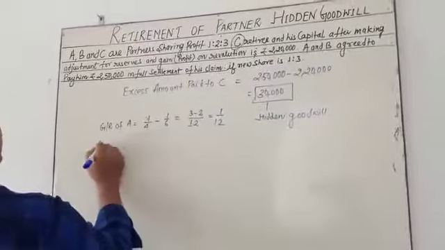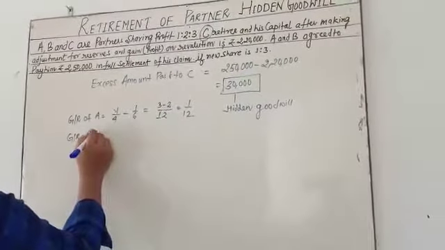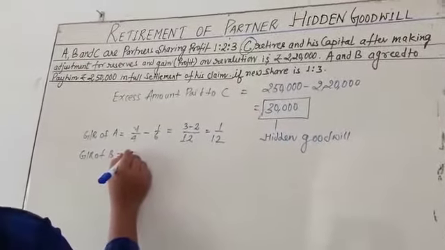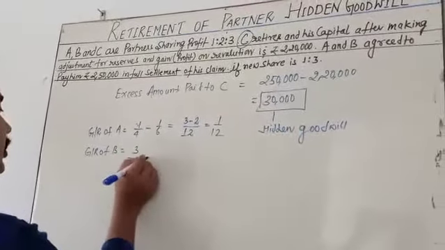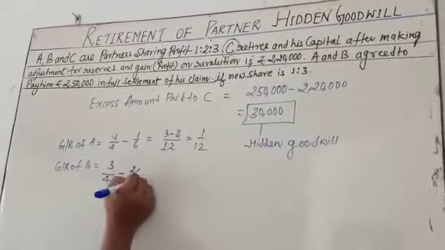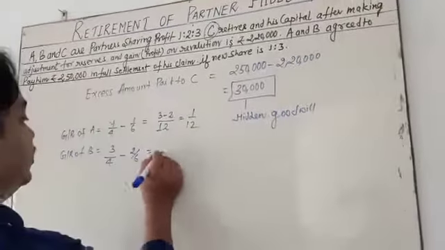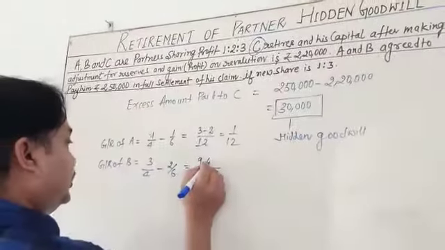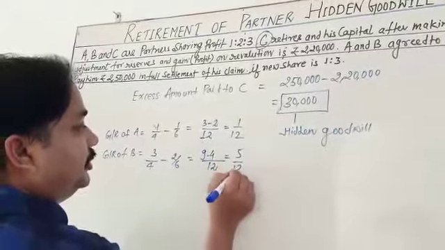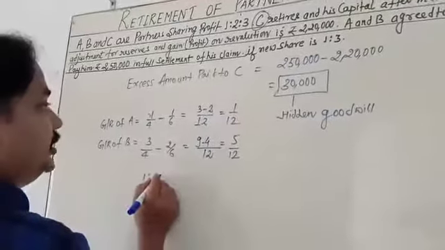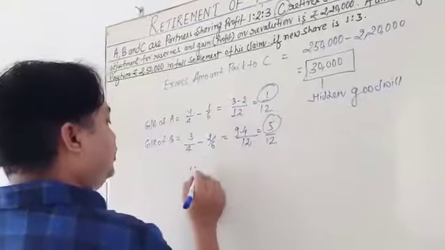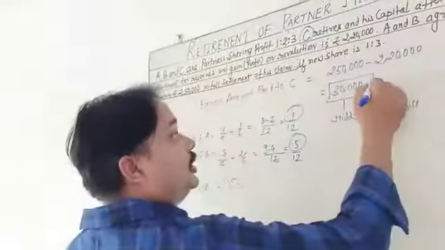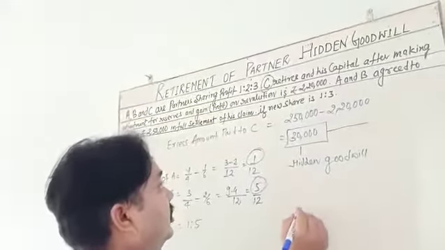The gaining ratio of B is equal to 3/4 minus 2/6. With LCM 12, 9 minus 4 is equal to 5/12. So the gaining ratio is 1:5.